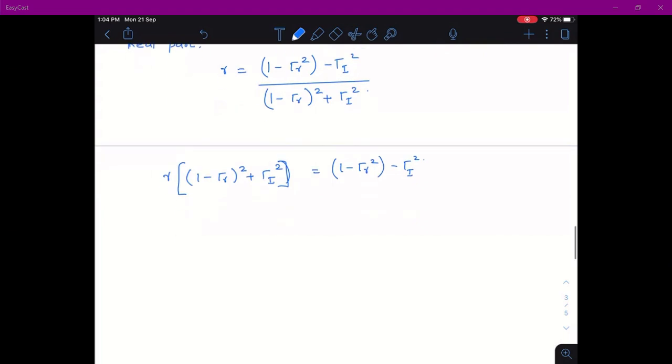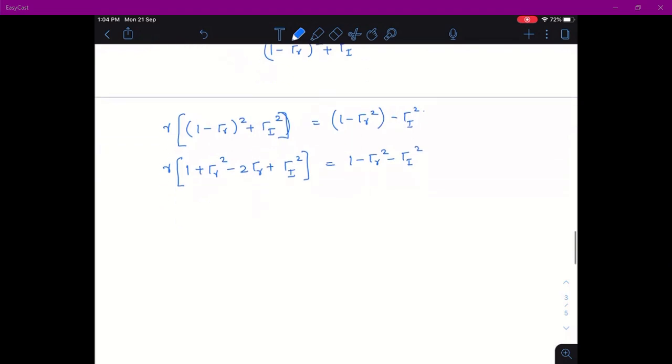Let's expand on the left hand side. So you'll get r into (1 + τr² − 2τr + τI²) is equal to 1 − τr² − τI². Let's take r inside.